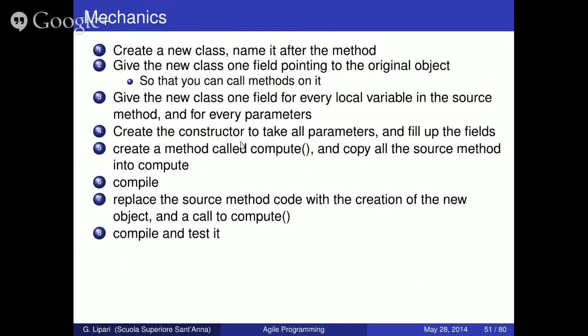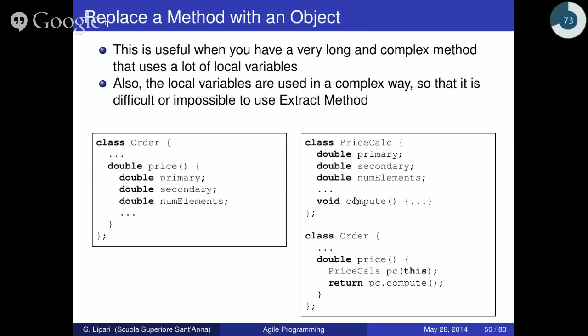Then you create the constructor that takes all parameters and fills up the fields. So price calc will have a constructor, which is not shown here, which takes as a minimum a pointer to order. And if price has parameters, it will also contain the parameters I need to pass, and it will initialize all these data members.